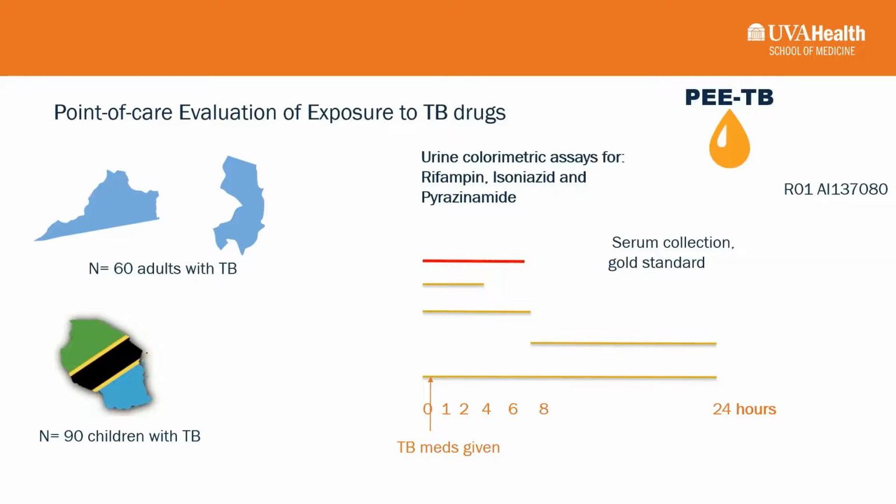So we are trying to find out if an interval, let's say 4 to 8 hours, predicts serum thresholds the best. We can just schedule their clinic visit 4 hours after they take the medication, or towards the end of the day, maybe 8 hours after they take the medication, and then just have them bring a container of urine collected between 4 and 8 hours to the clinic, and then we can test and find out if they're adequately dosed.